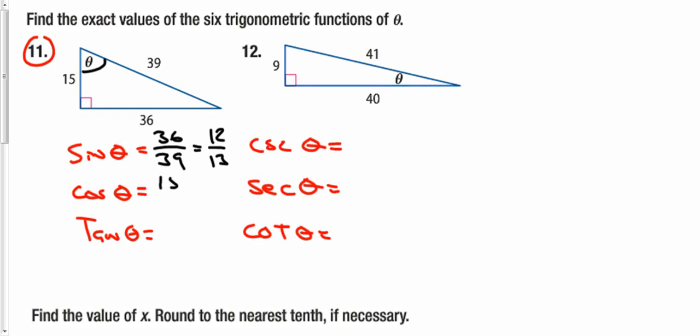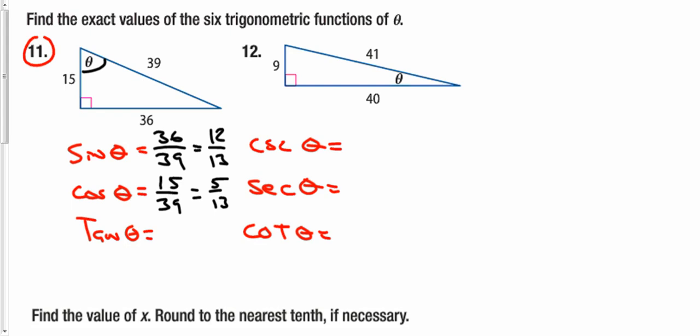So this is going to be 15 over 39. And in this case, we can reduce this to 5 over 13.